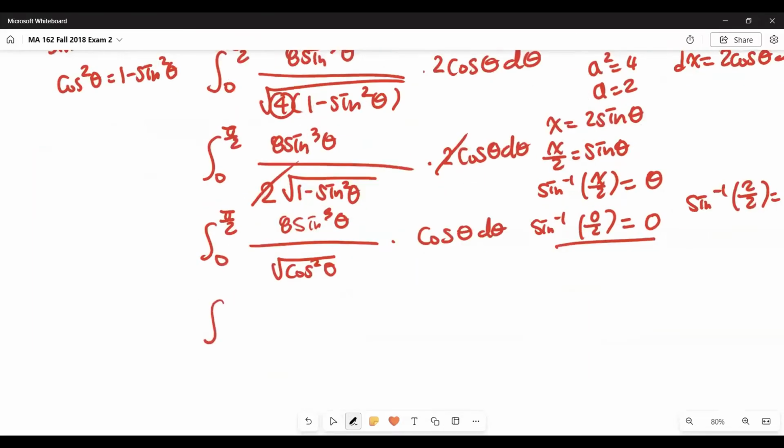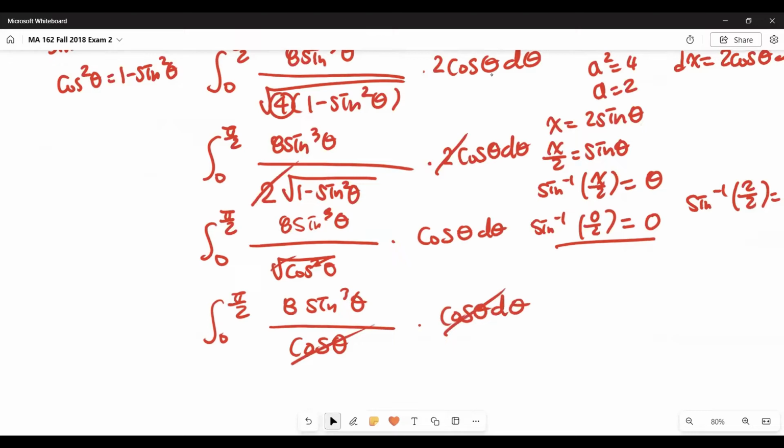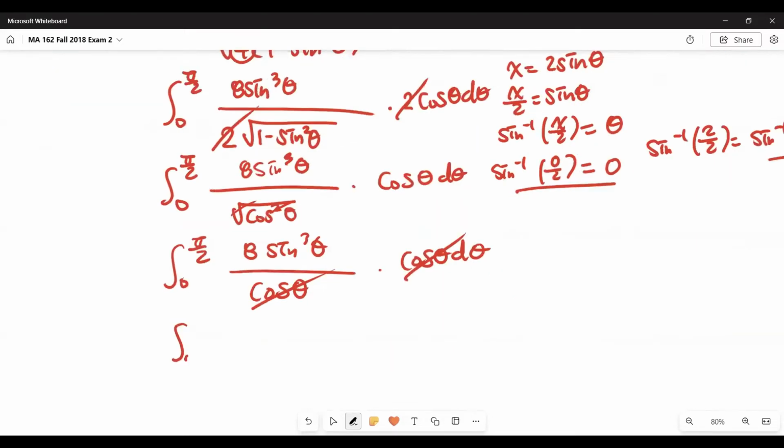So 0 to pi over 2, 8 sine cubed theta over cosine squared, and square root cancels out, so this is just going to be cosine theta times cosine theta d theta. Cosine theta is cancelled out. Cool. So this is 0 to pi over 2, 8 sine cubed theta d theta.